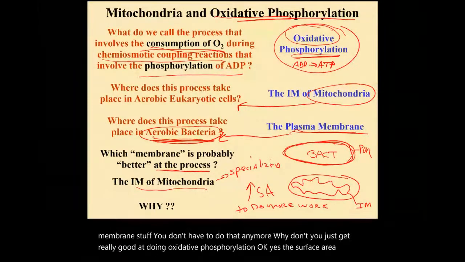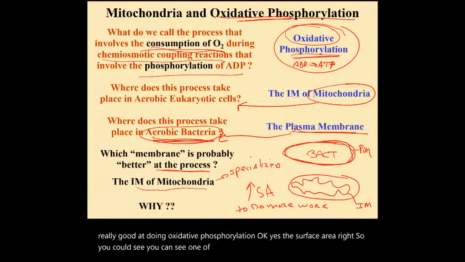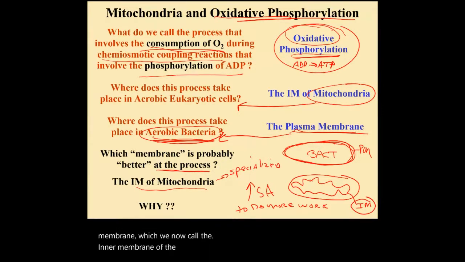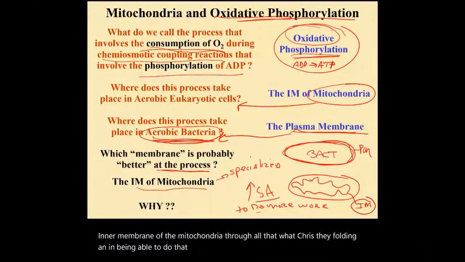So you could see one of the effects is that through evolution that engulfed bacteria modified even the appearance of its so-called plasma membrane, which we now call the inner membrane of the mitochondria, through all that cristae folding. And being able to do that increases the surface area and allowed the mitochondria to do more inner membrane work.